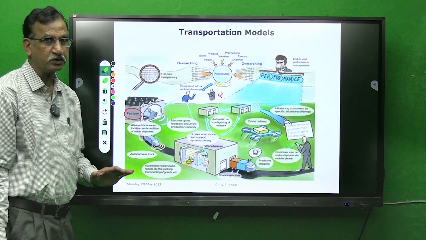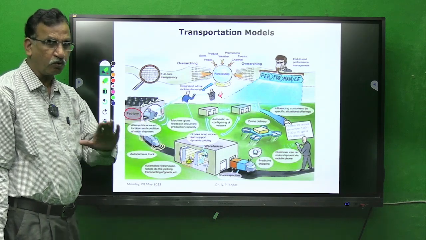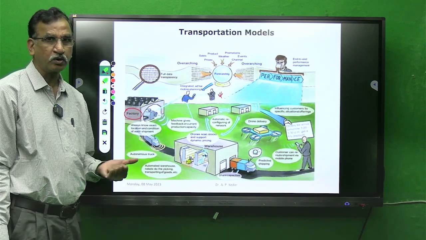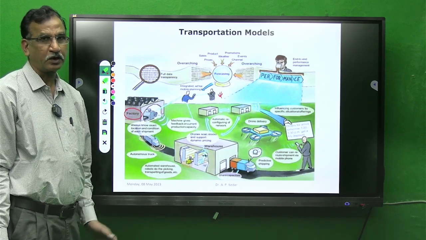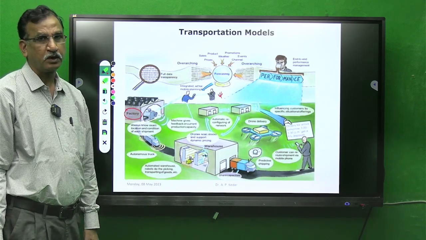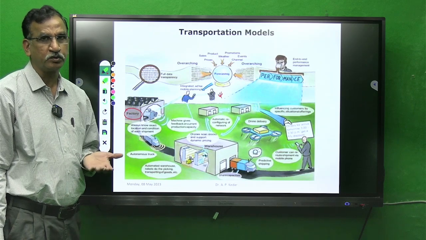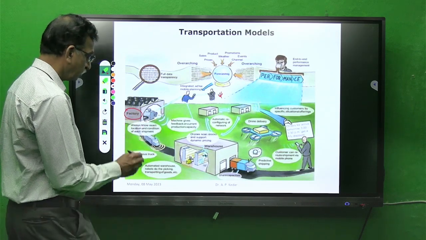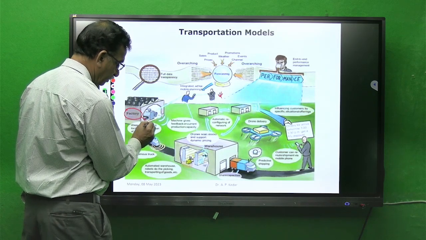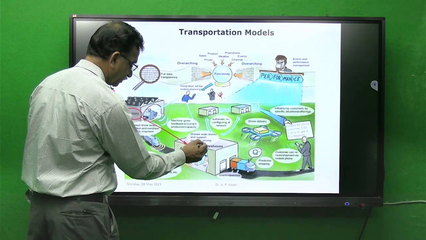My intention is to give you the flow path for how commodities are produced in the factory, transported to the warehouses, transported to the distributors, to the retailers and to the end users. So from the factory it goes to the warehouses.